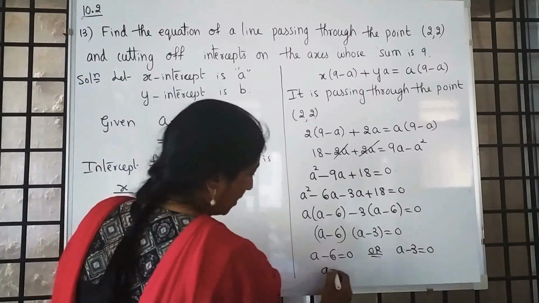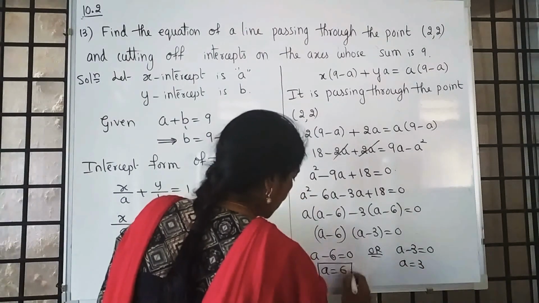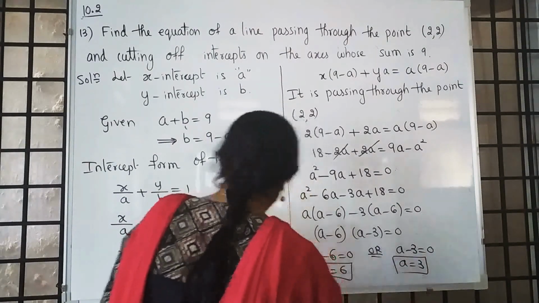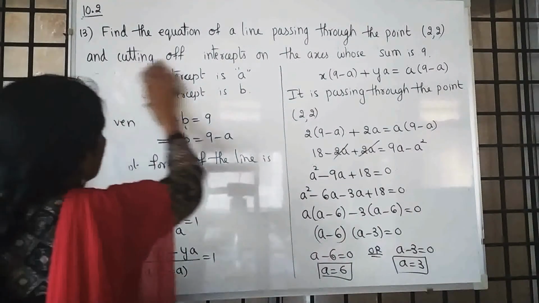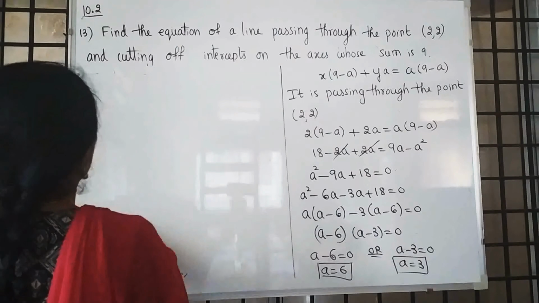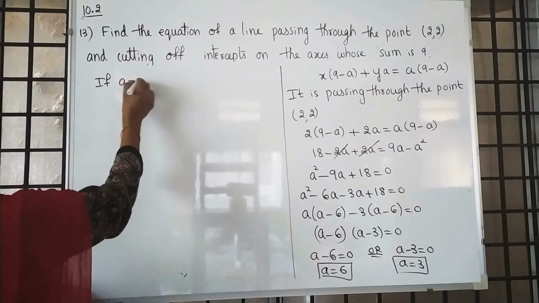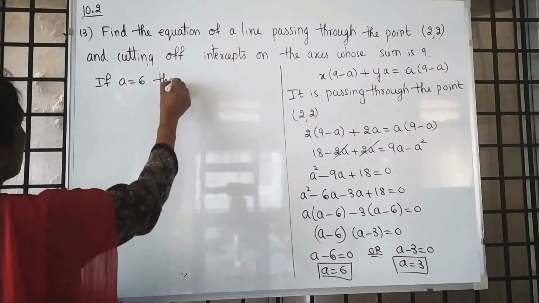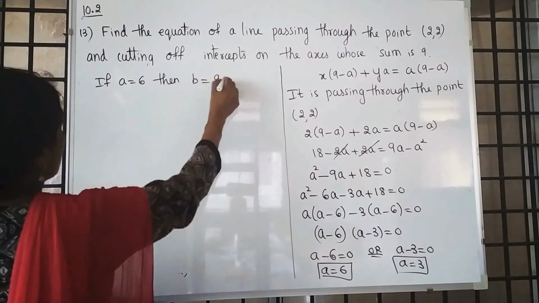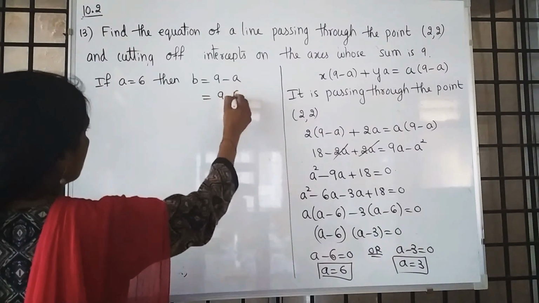That means a is equal to 6 or a is equal to 3. That means we are getting two equations. If a is equal to 6, then b is equal to 9 minus a, that is 9 minus 6, that is 3.